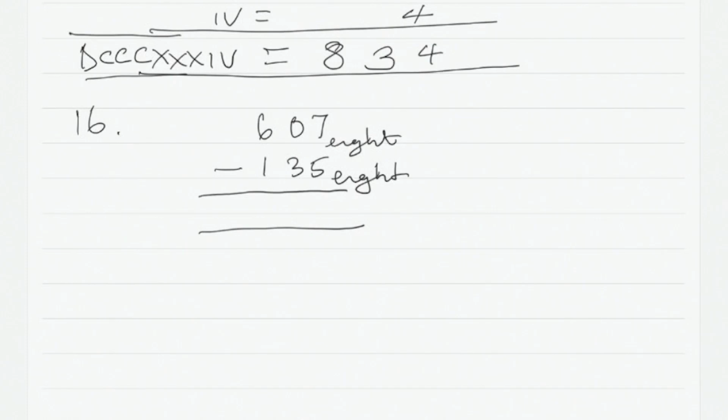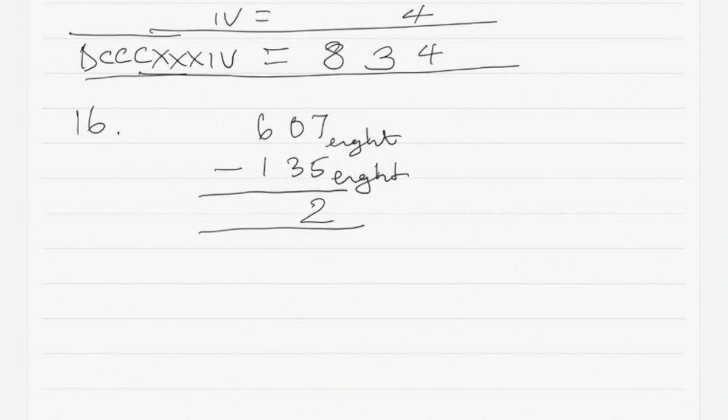So now the question is 607 take away 135. The first column is the ones. So 7 take away 5 gives us 2. There is a 0, which means there are no 8s there. So we get one set of 8 and put it there.